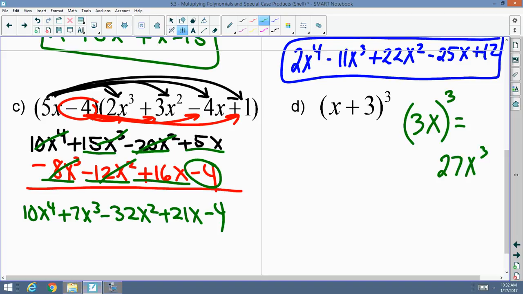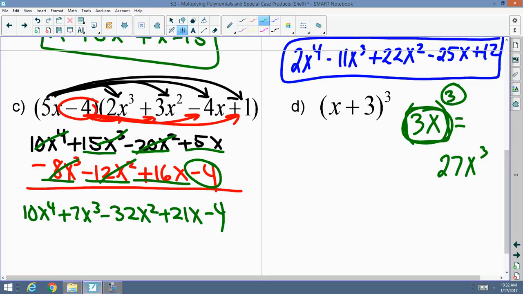Because when I raise a power to a power, I'm distributing this exponent, correct? So that'd be 3 to the third, then x to the third. But do you not realize that that's a monomial? So this power works when there's one product inside. It doesn't work when there's a sum or a difference. It works when there's a product.